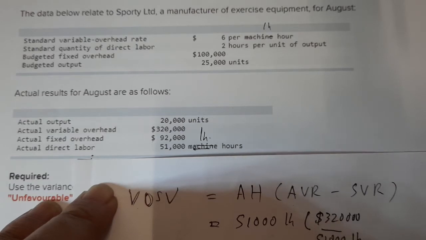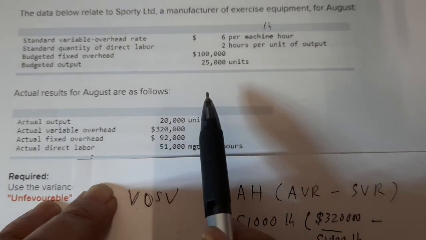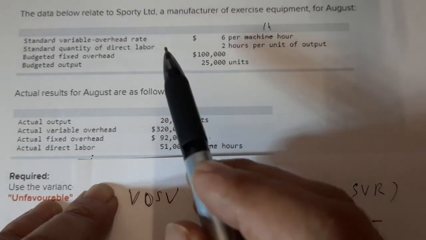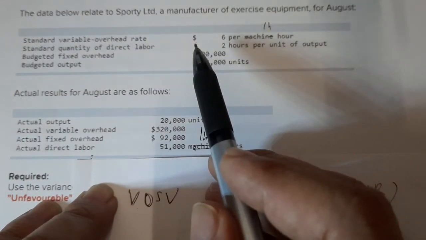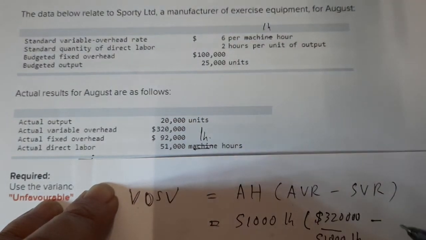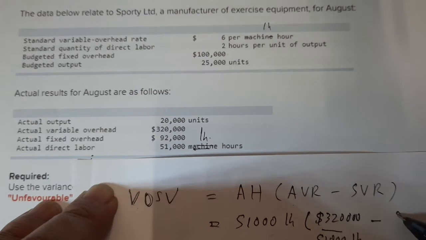And then minus the standard variable overhead rate. The standard variable overhead rate can be seen here: $6 per labor hour. So the number here is $6.